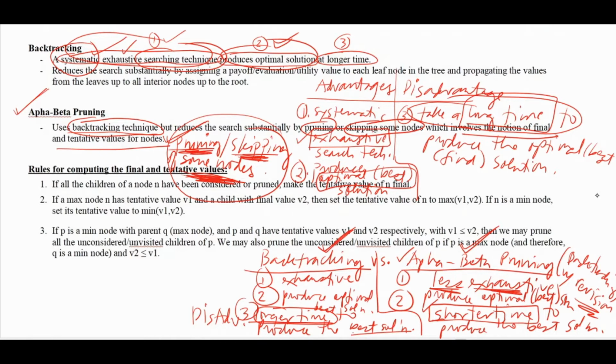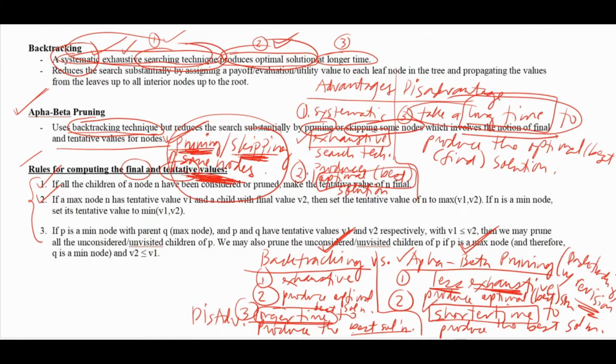We have here three rules for computing the final and tentative values for the nodes. Now, we already demonstrated number one and number two when we assigned tentative values and final values in the tic-tac-toe game 3 in our previous video.